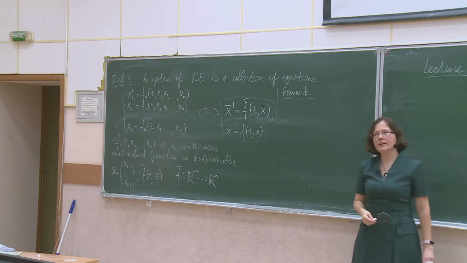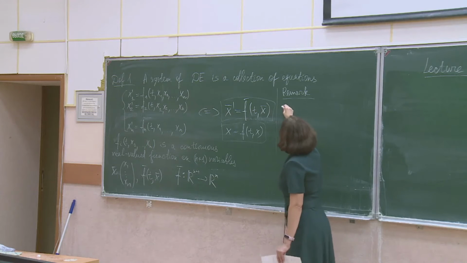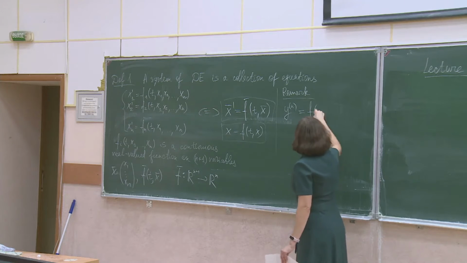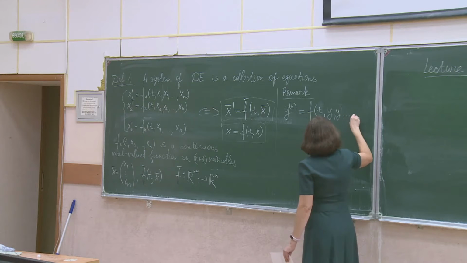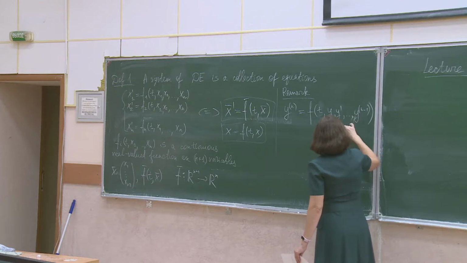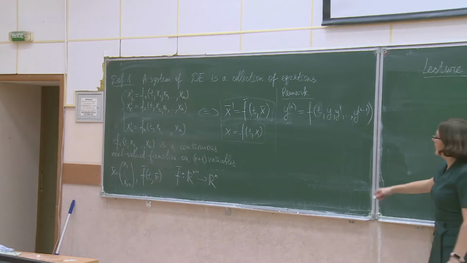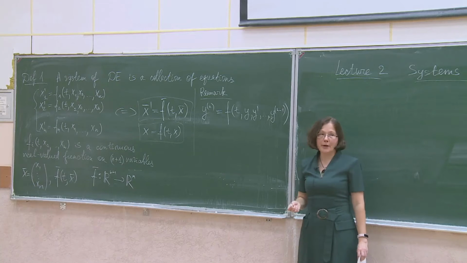In the preceding seminar and the preceding lecture, we discussed differential equations of the form y^(n) equals f of t, y, y prime, and so on, y^(n-1). I claim that this system generalizes this nth order differential equation.